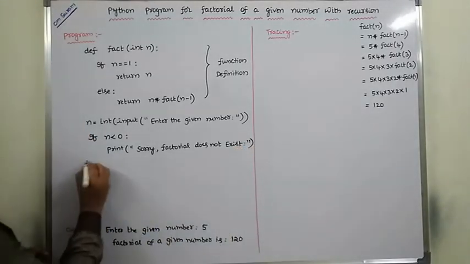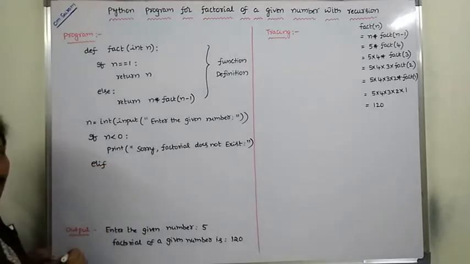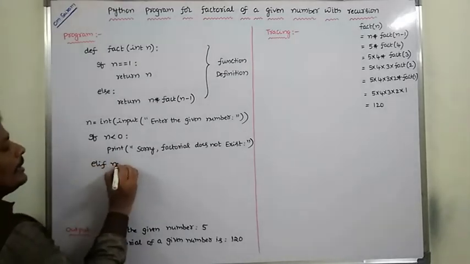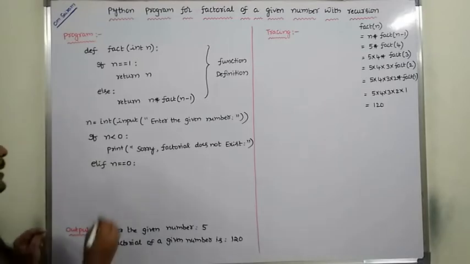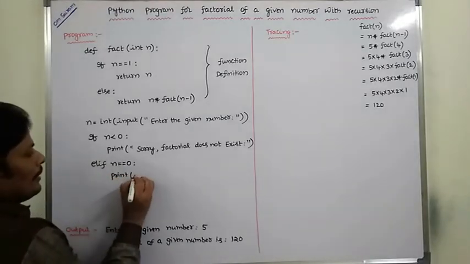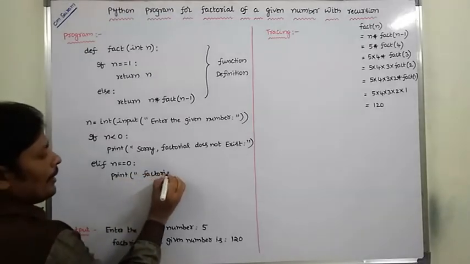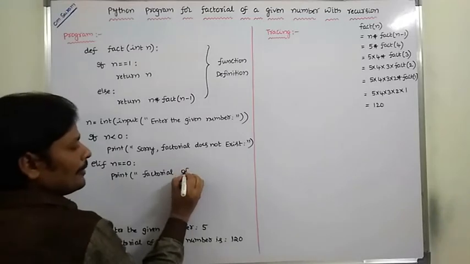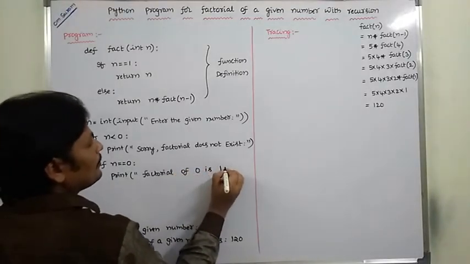Next, else if, that is elif n equal to 0, print "Factorial of 0 is 1".